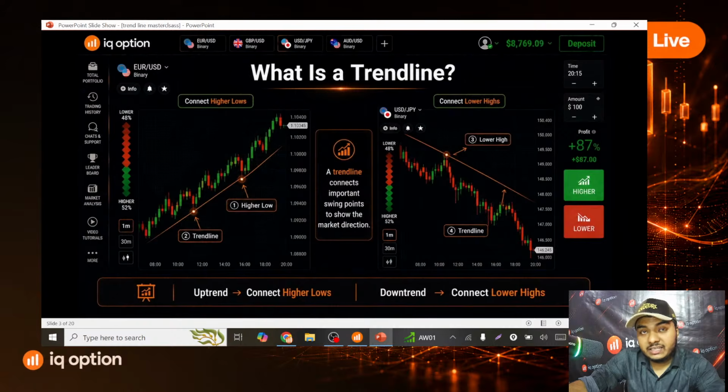Before drawing a trend line, always identify the market trend first, whether the market is in an uptrend or a downtrend.